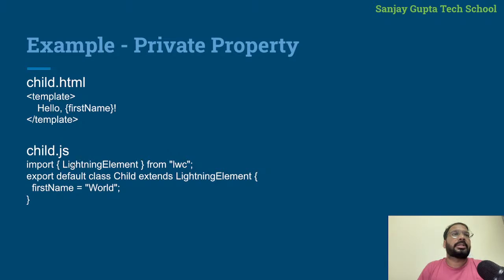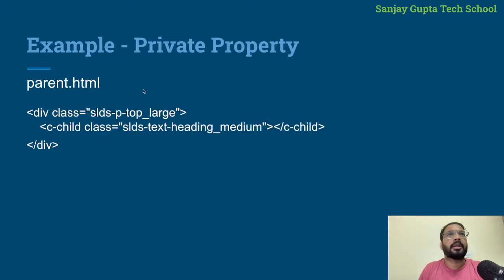So for example, this is our child component, child.html and child.js. It is very simple. Here we have hello, and then firstName is the property, and this property has world as a value. If we go here, this is a second component which only has HTML. It does not have any JavaScript. And here with this notation you can understand c-child.